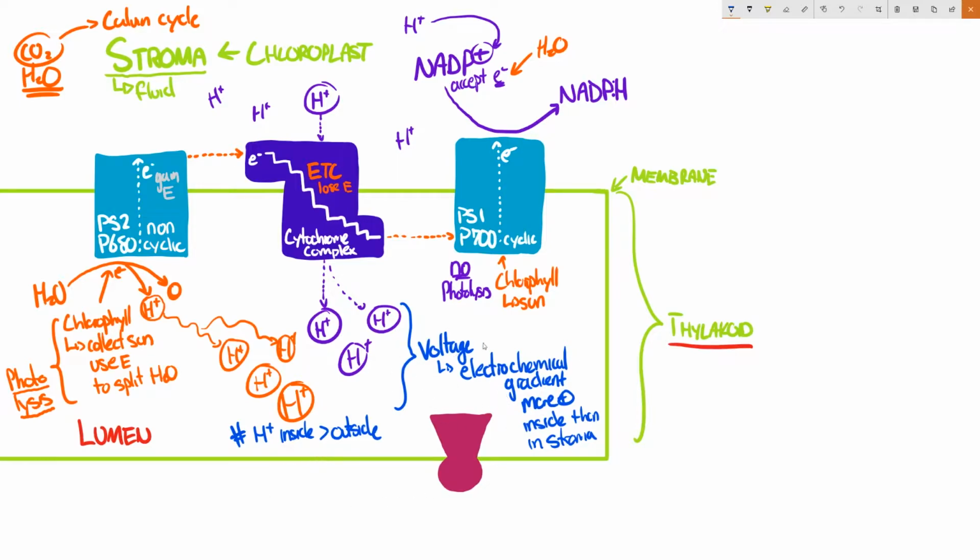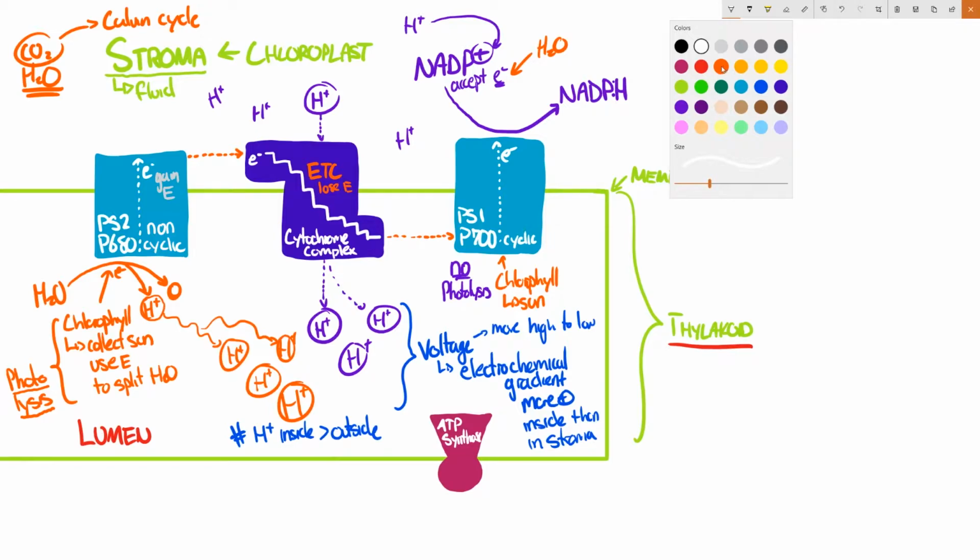Okay, they want to move from high concentration inside the lumen to low concentration in the stroma. And while they do that, they're going to pass through this structure called ATP synthase.